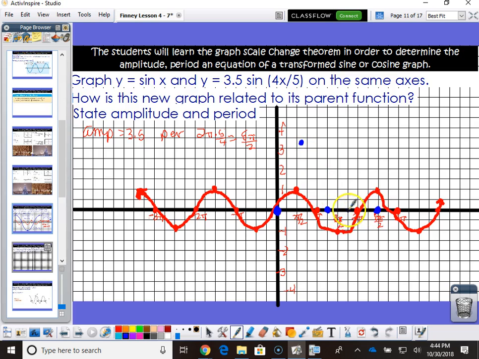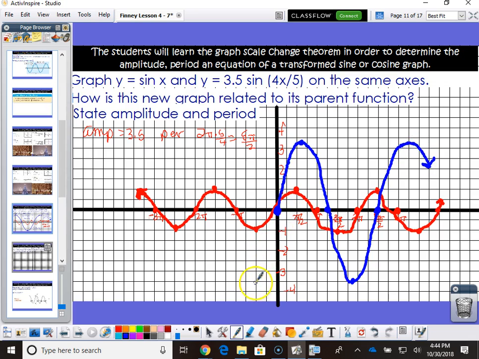And halfway in the middle of that, so like here, we're going to be down at negative 3.5. And we know that that's going to be curved, and it's going to repeat on the other side.